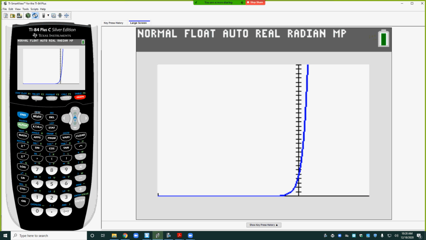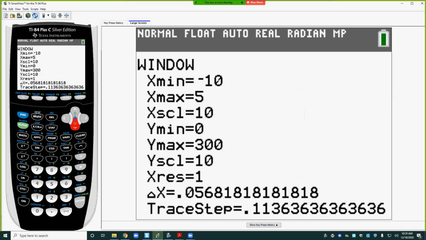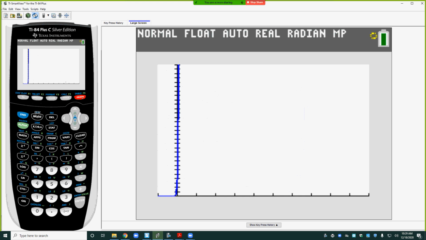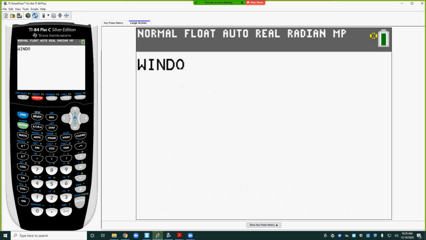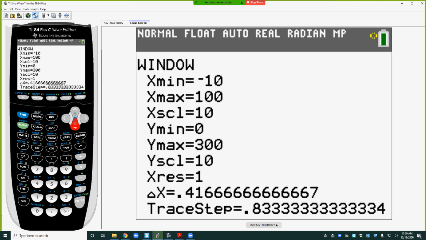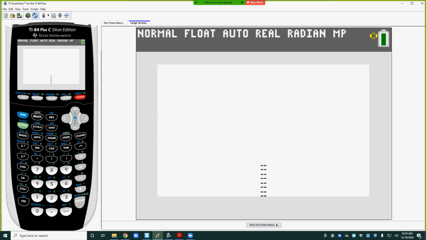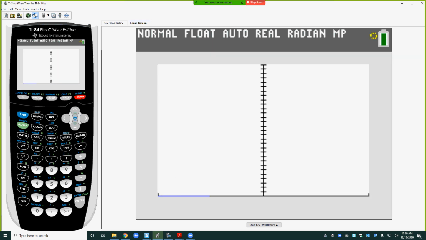Well, we see the inflection point, I just don't see the curve very well. Go back to the window. There, now we'll see that shape. Wait, what? All right.